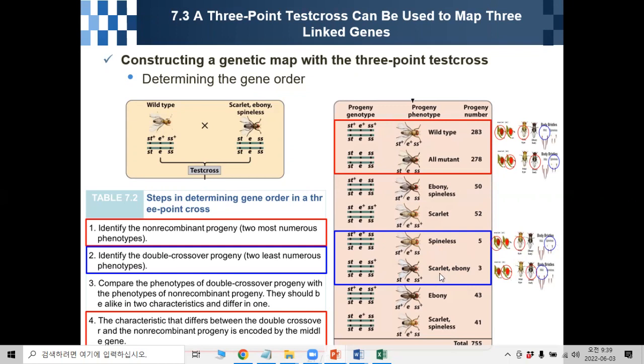This one has scarlet and ebony, so they are recessive. This is wild type. When you compare this one and this one, the difference is spineless. It means that the spineless gene is located in the center.